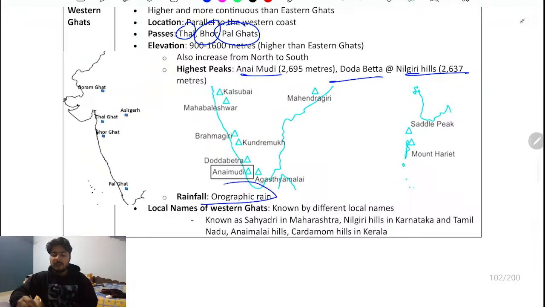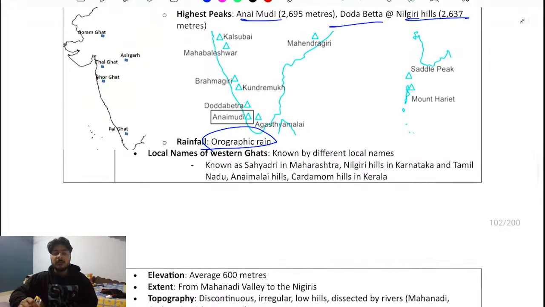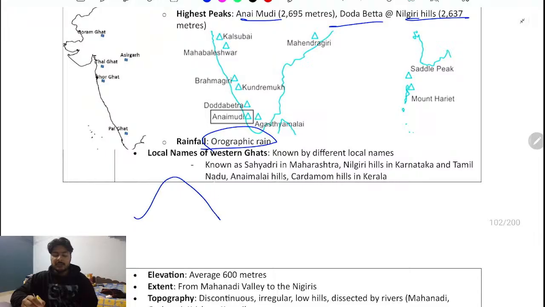The rainfall in the Western Ghats is orographic rainfall. What is the meaning of orographic? I told you. What kind of rainfall is this? That kind of rainfall where, let's say for example, this is a blocking structure, a hill.